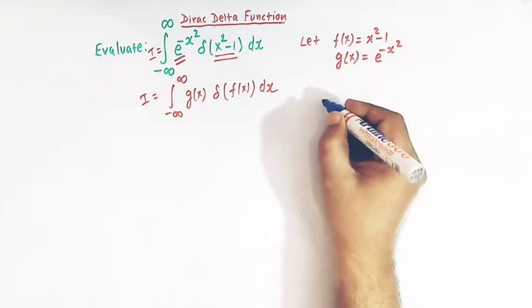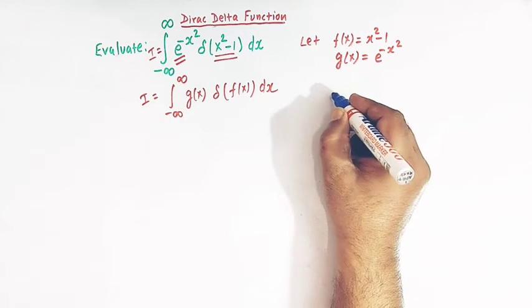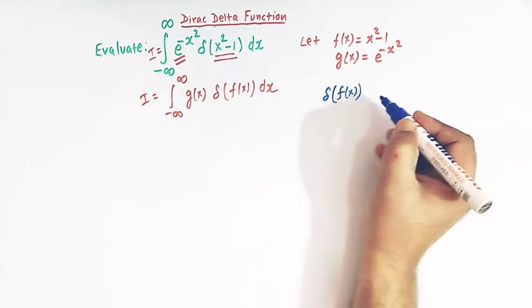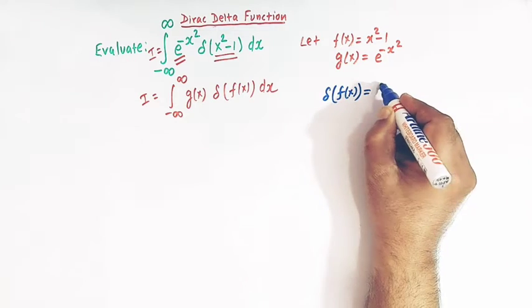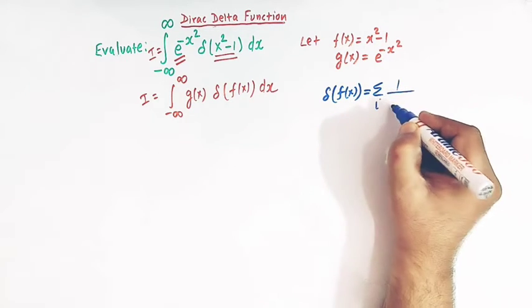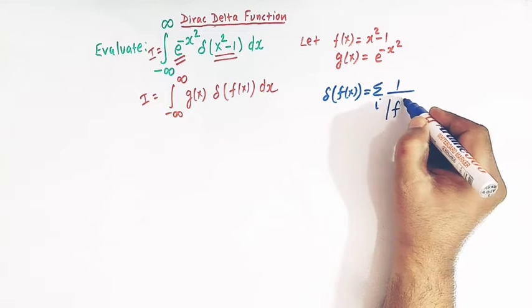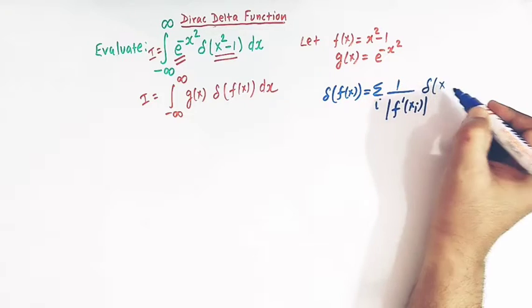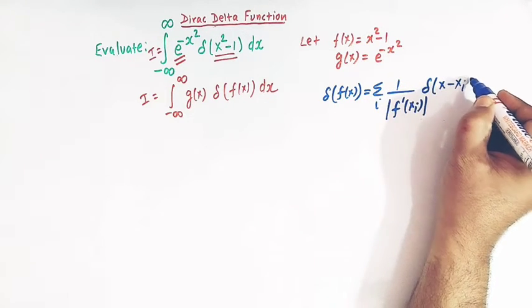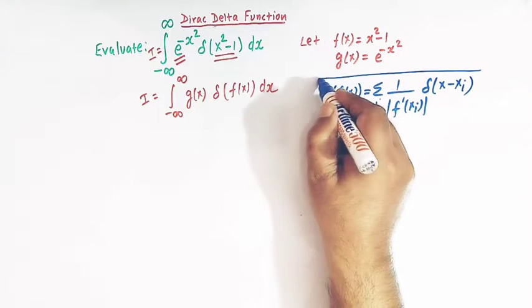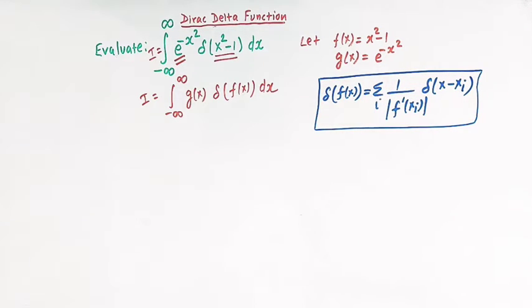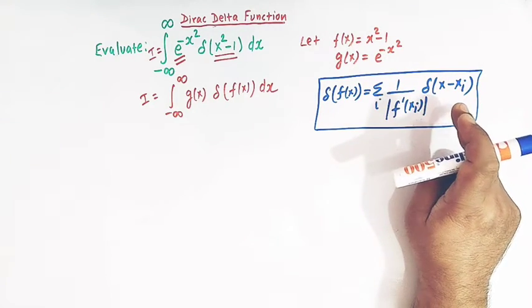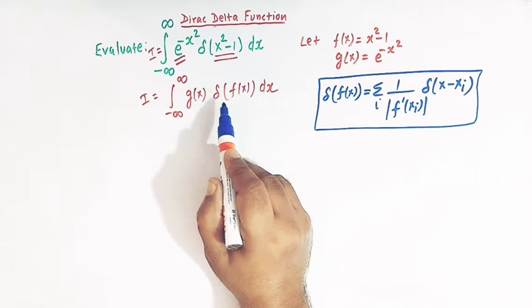If we have delta of f of x, then it can be written as the sum of 1 over the absolute value of f prime of x_i, times delta of x minus x_i. This is an important property related to the Dirac delta function, and we'll elaborate on it when we solve this integral.